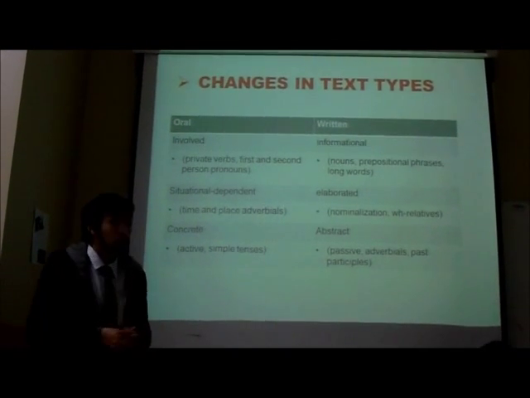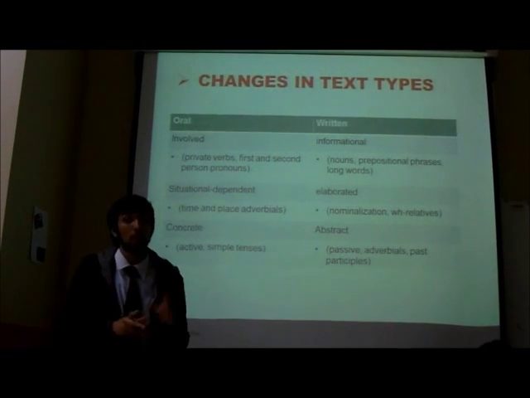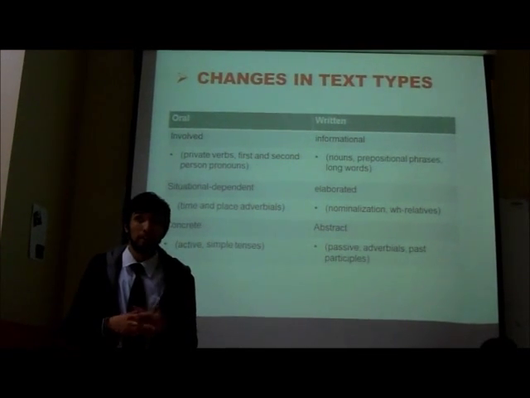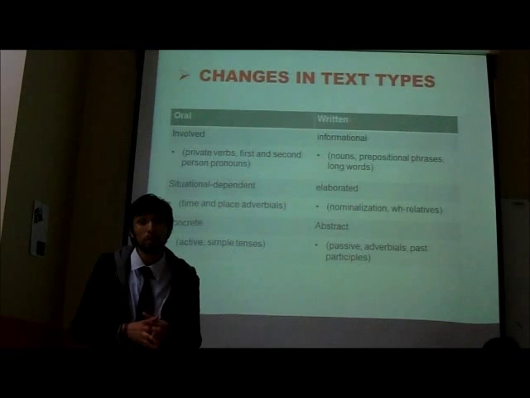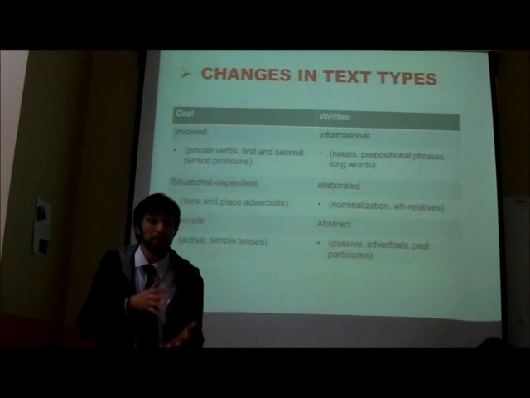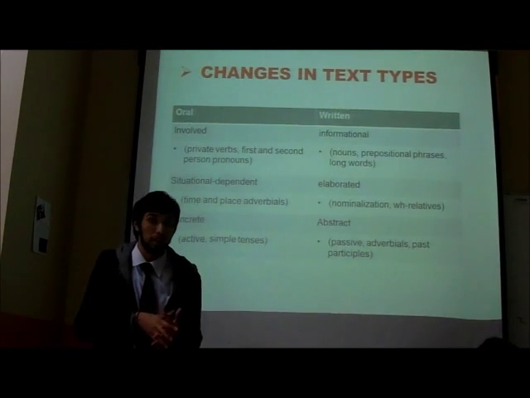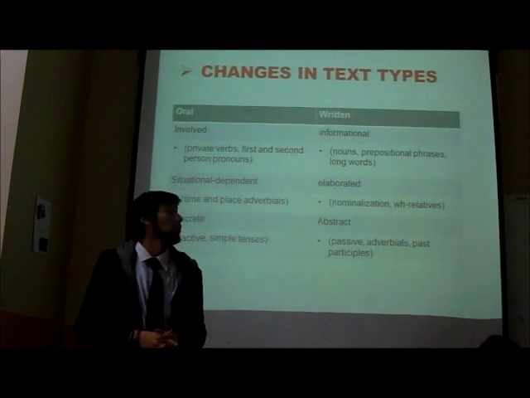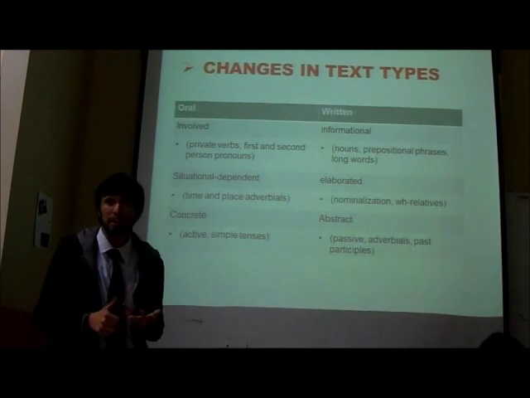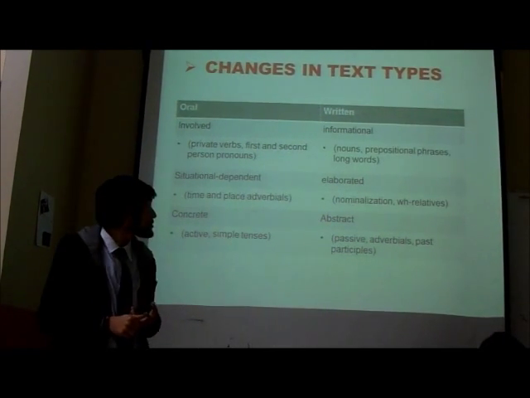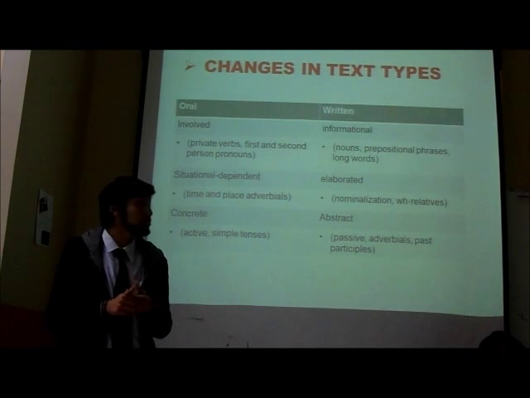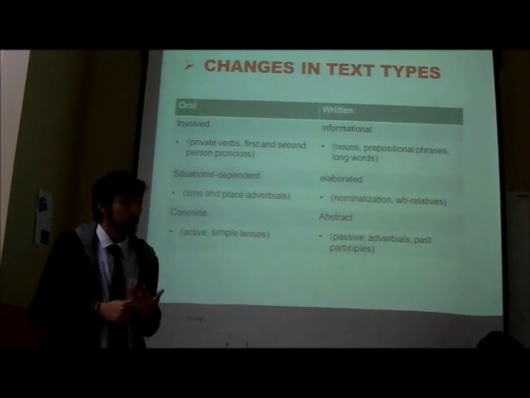The changes in text types. Although the study of text types has always included a historical dimension, the studies mostly focus on the changes from the oral medium to the written, where oral is described as more involved, using private verbs and first and second person pronouns, whereas written is described as more informational, using nouns, prepositional phrases, and long words.